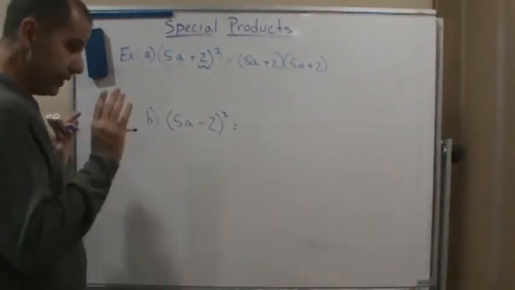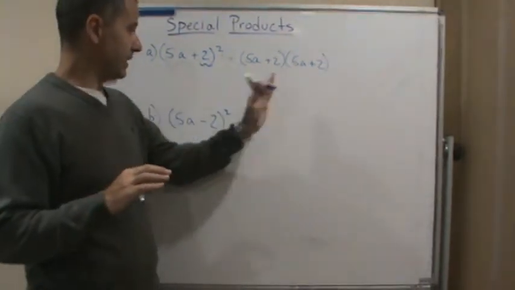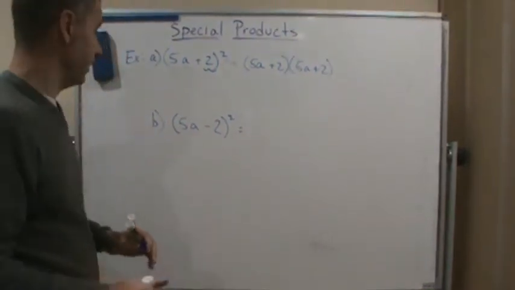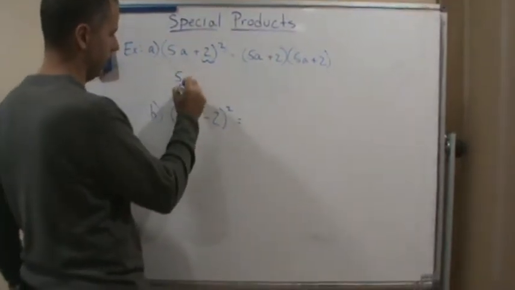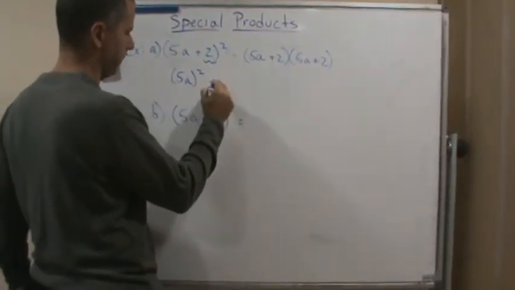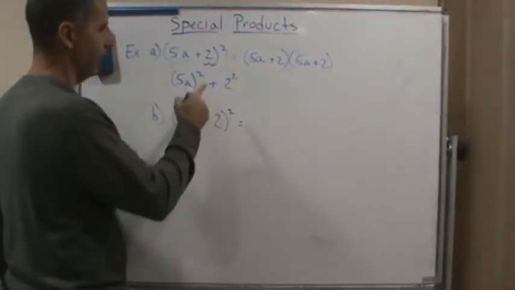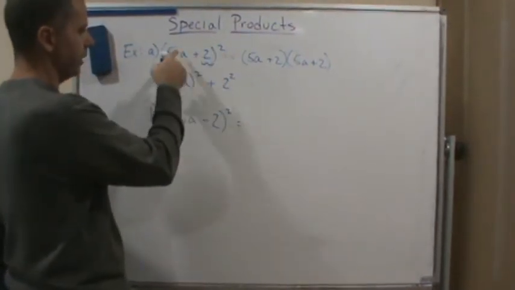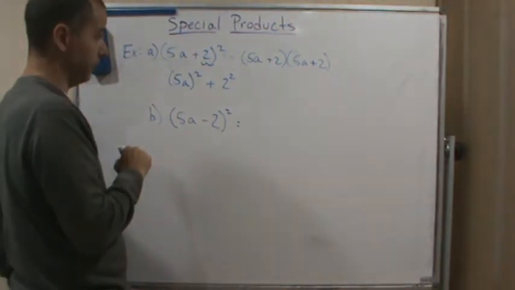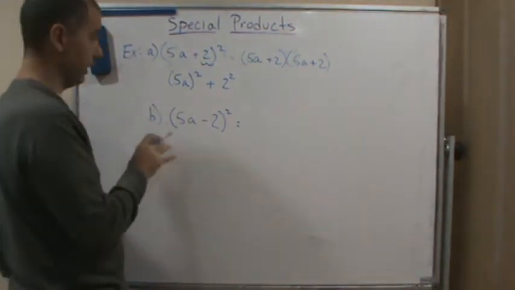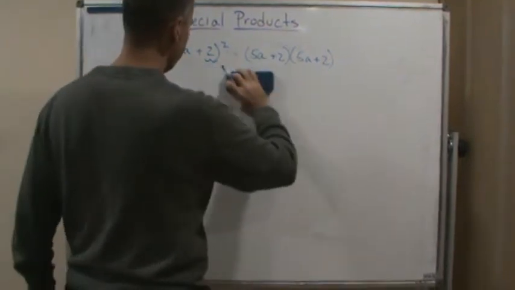Now, this means this. It does not, I repeat, it does not mean that you can distribute the power across addition or subtraction. Okay? Does not work that way. So don't do this.